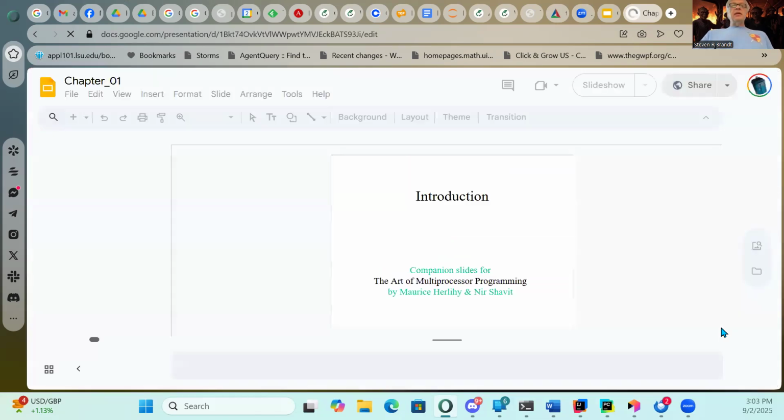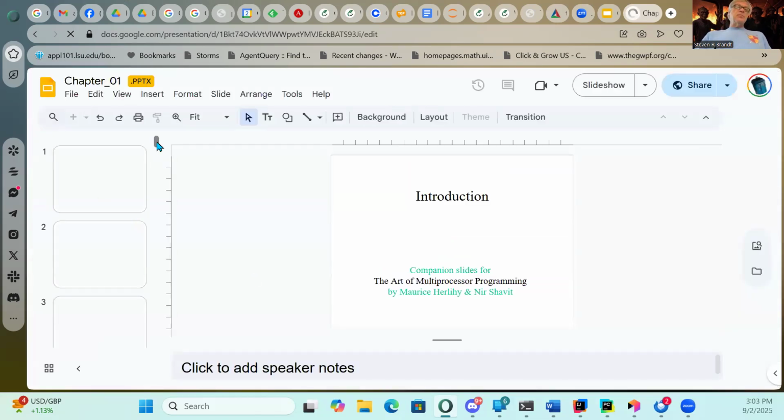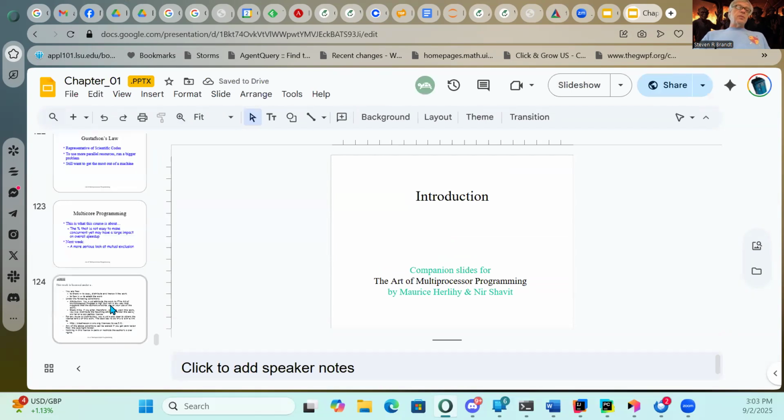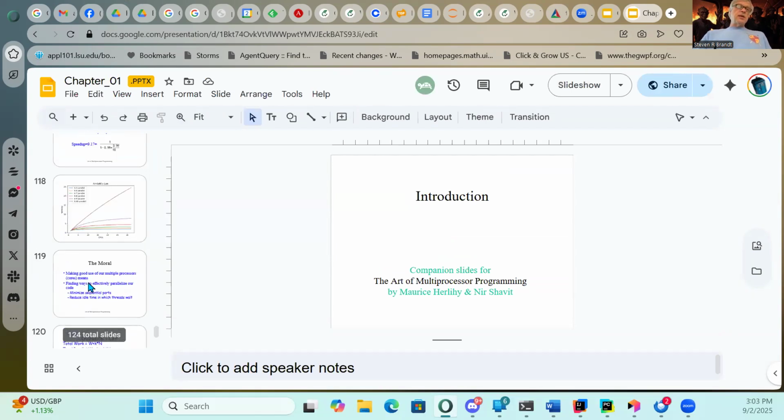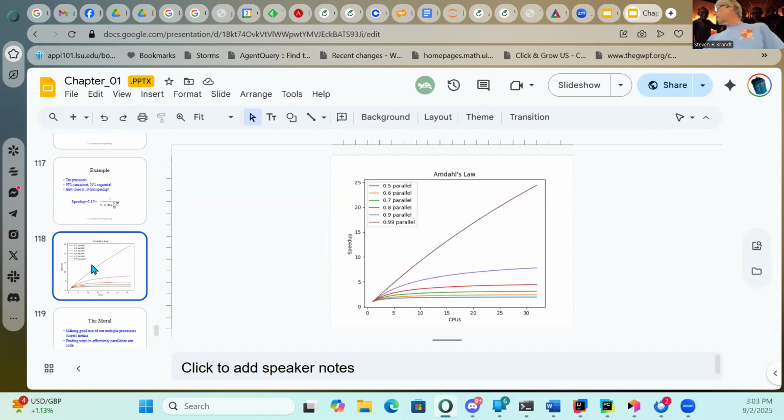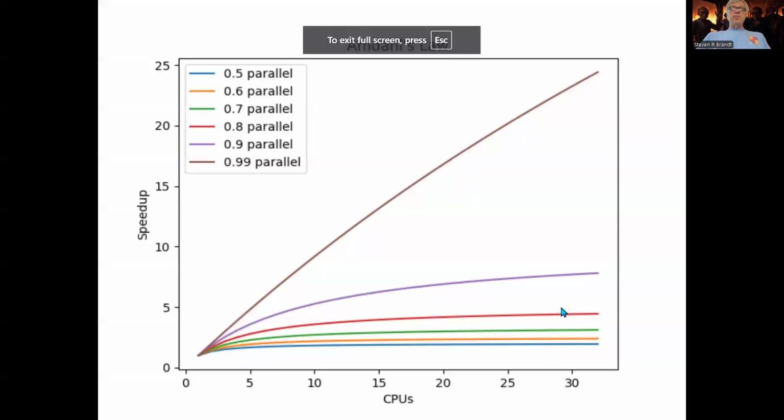I added some things to the end of chapter 1, which I thought might help you all. So we talked about Amdahl's law, and I added a graph. What you can see here with Amdahl's law is that if I've got something that's 50% parallel, it starts up and becomes slightly more parallel, but it never can get more than a factor of 2 speedup.